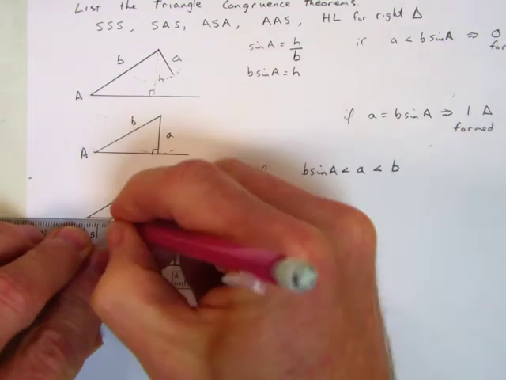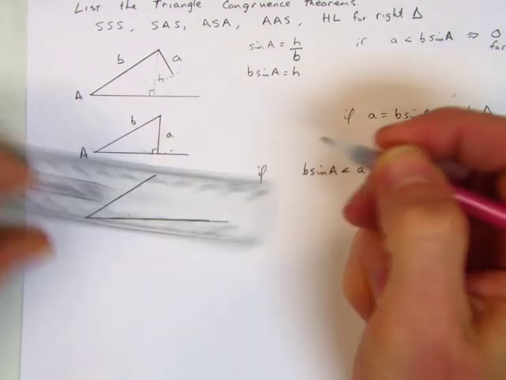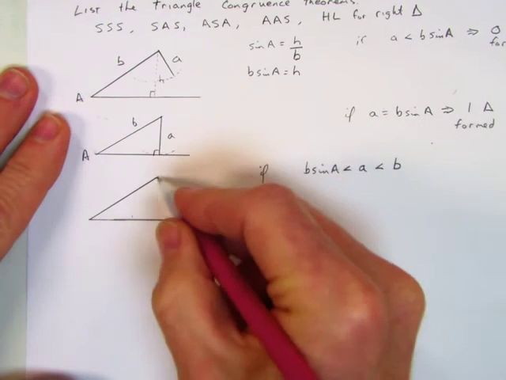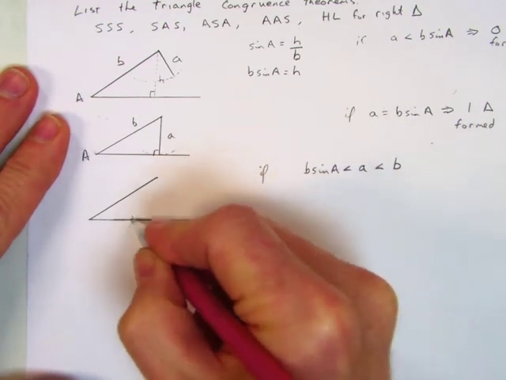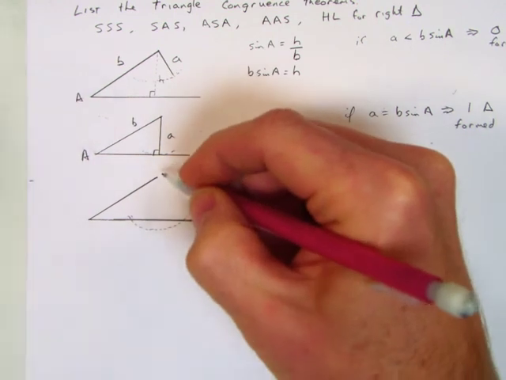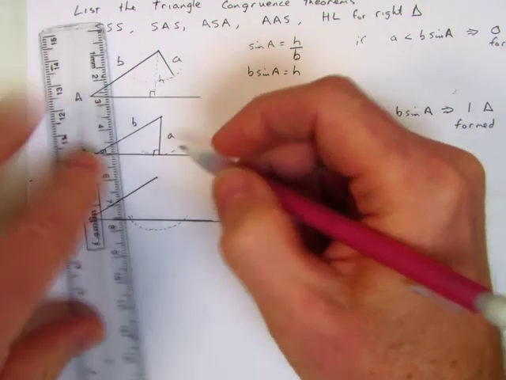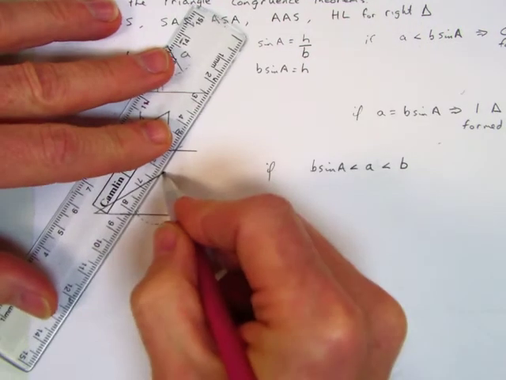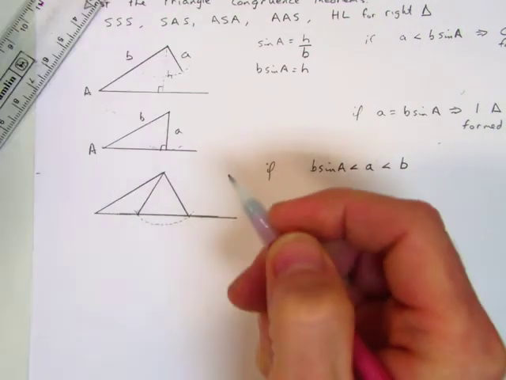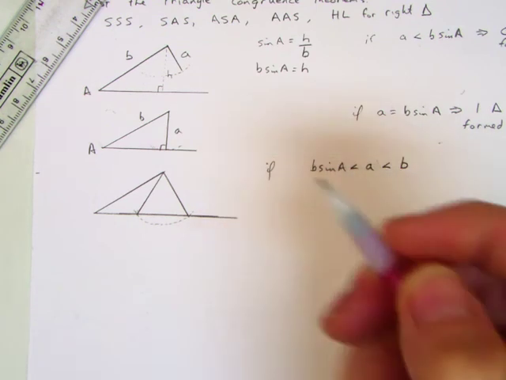I think using the ruler made it a little bit too much there. So you have this arc that's coming through, and now I have two triangles. 1, 2. Let's redraw those triangles.